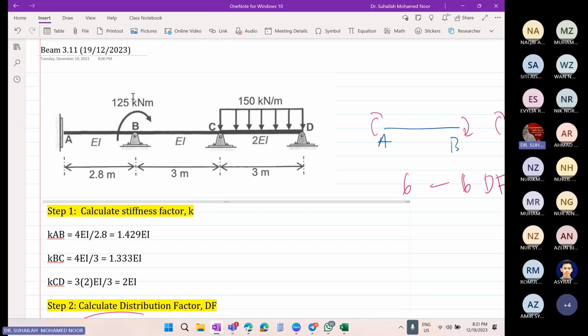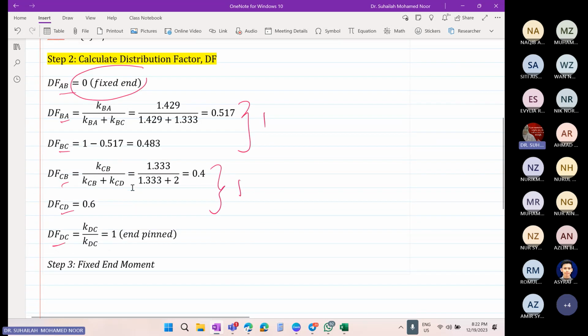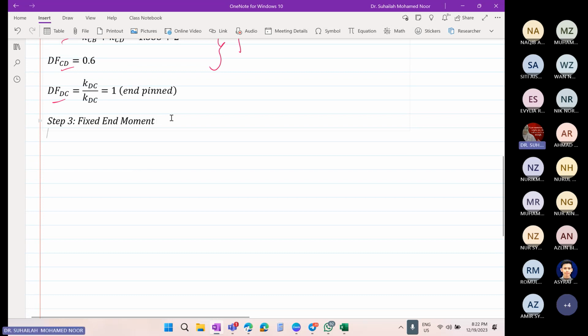FEM means UDL on the member, or triangular load on the member. The moment at B is not FEM, it is a joint moment. So we can only get FEM from member CD.